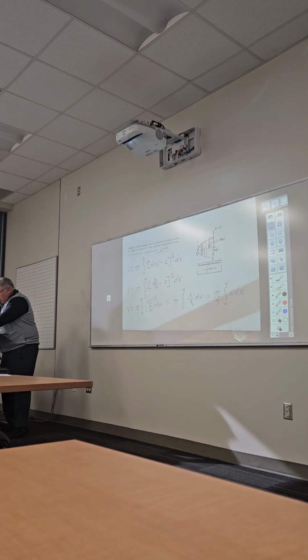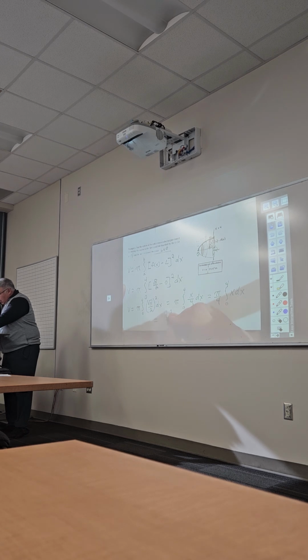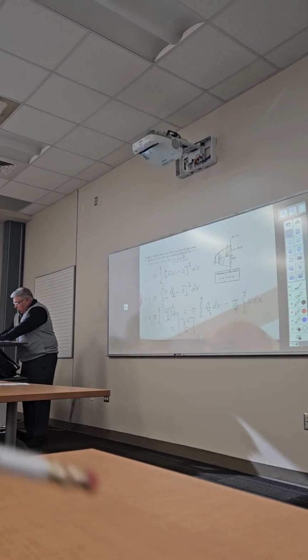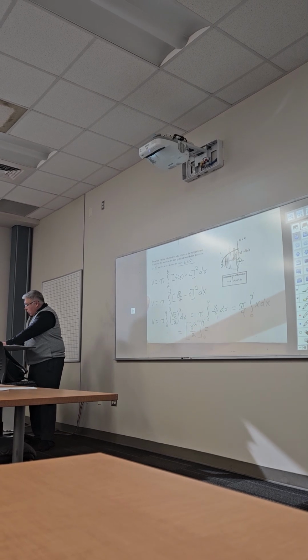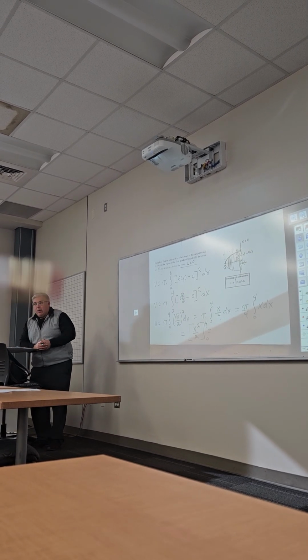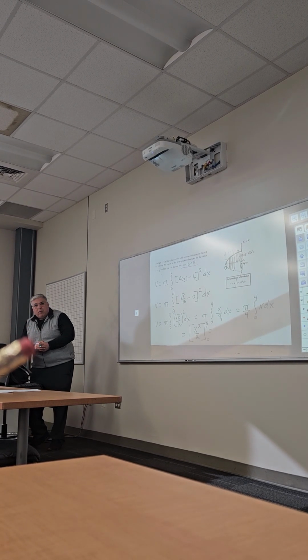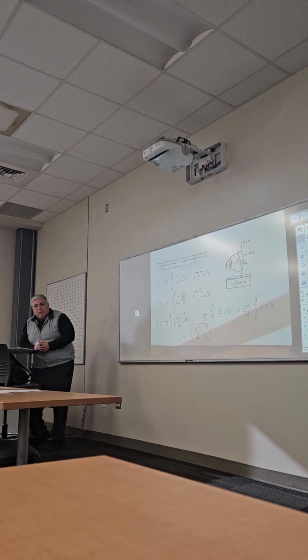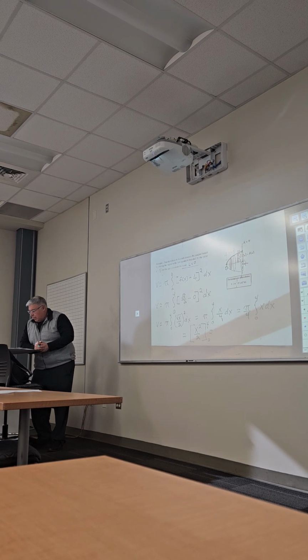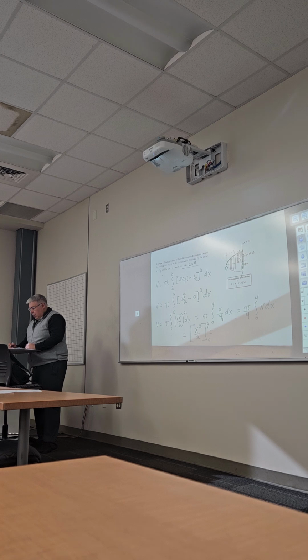X squared over 2. So this is going to be equal to x squared over 2, and we are going to evaluate that from 0 to 4. Got it? Okay, now wait a second, I made a mistake, didn't I? Hold on, guys.